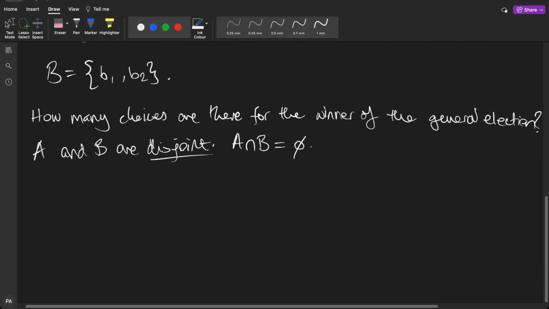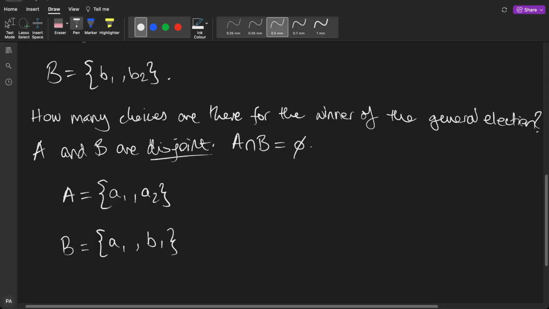And that's really important, because if we think, what if we had A defined as A1 and A2? So you have your 2 candidates there. But what if they, or at least one of them, like A1, was also running as a candidate in party B? Obviously, that would never be allowed to happen. But if it were, you would only have A1, A2, and B1 as choices.